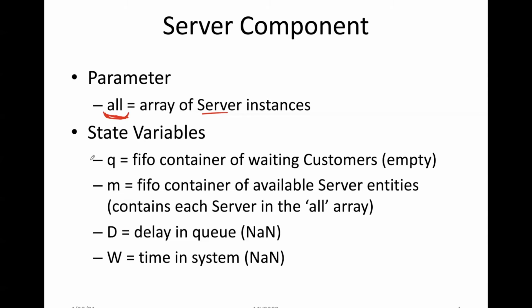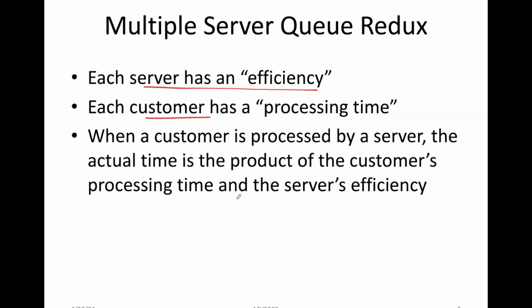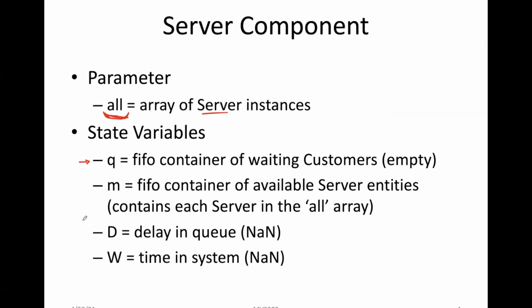Okay, so now our state variables are going to have two containers. First we're going to have our queue, as we've done before. That's going to be a FIFO container of the waiting customers, that is the customers in the queue, and that's initially going to be empty. But now another state variable is going to be a FIFO container of available server entities.